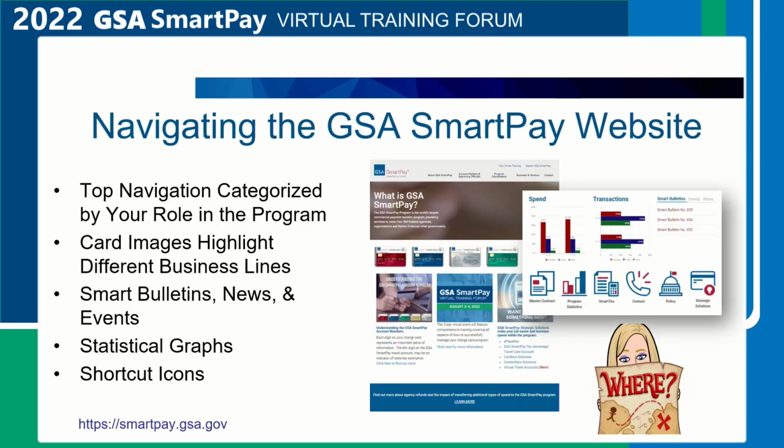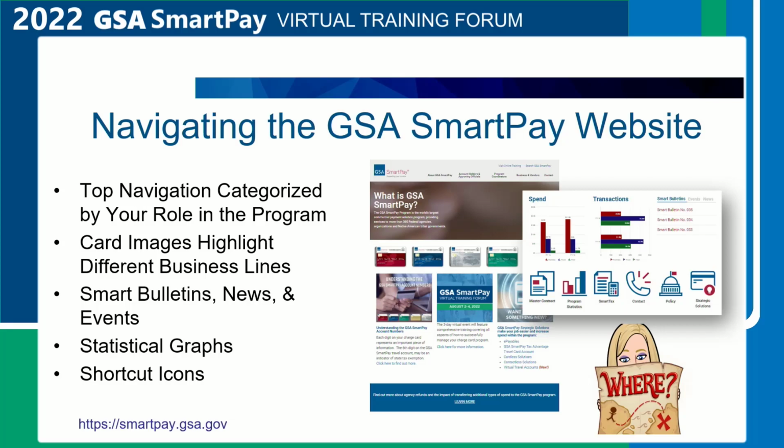From the homepage, click on your role in the program to get started. For example, we have 3 options to choose from: account holders and approving officials, program coordinators, and businesses and vendors. There is also a section called About GSA SmartPay, which includes all of the general information about the GSA SmartPay program.